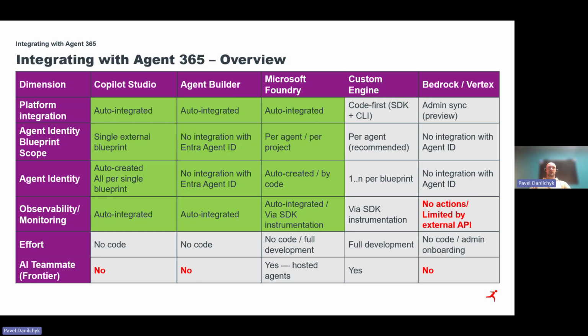For Foundry hosted agents, which are custom agents just hosted in Foundry, and for our custom agents, we need to use a special framework, the Agents 5 observability framework, to instrument our observability and logging. You can see the effort going from no code to full code. And there is a new type of agent, the automate. Currently, we can create these only for Foundry hosted agents and for custom agents.